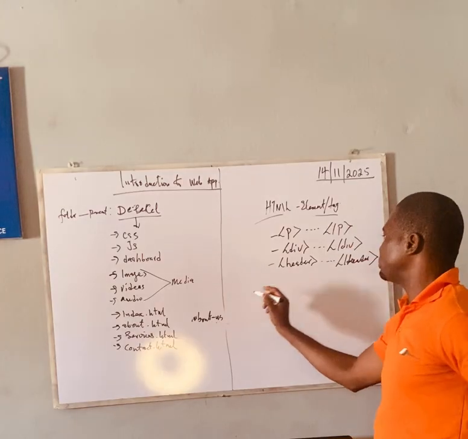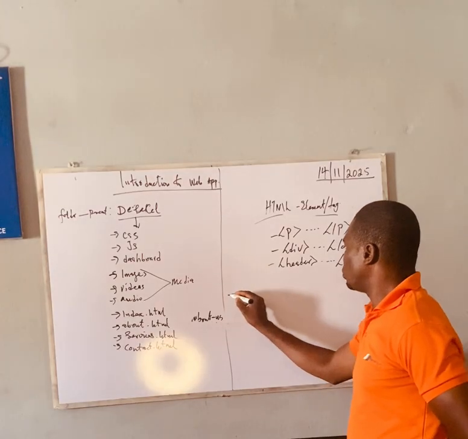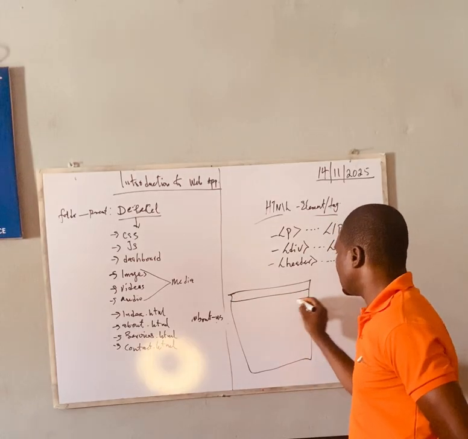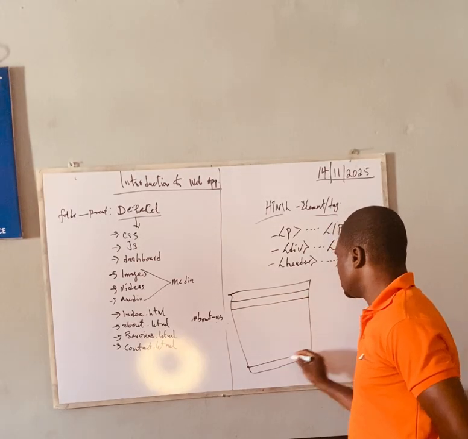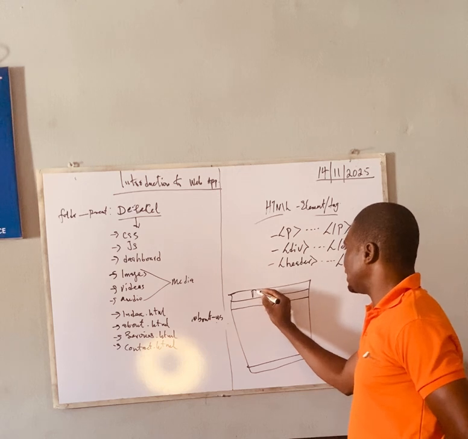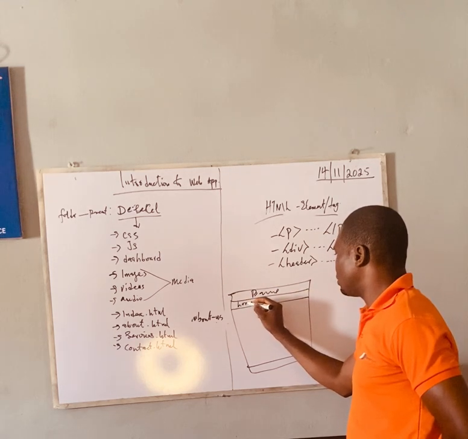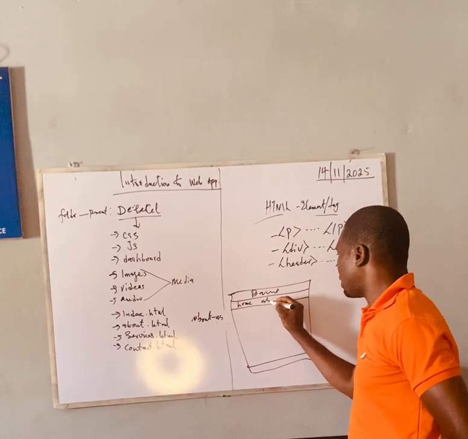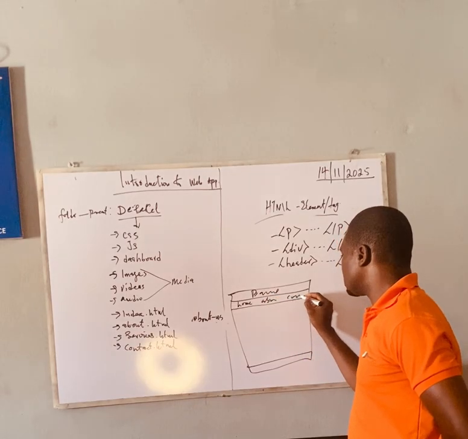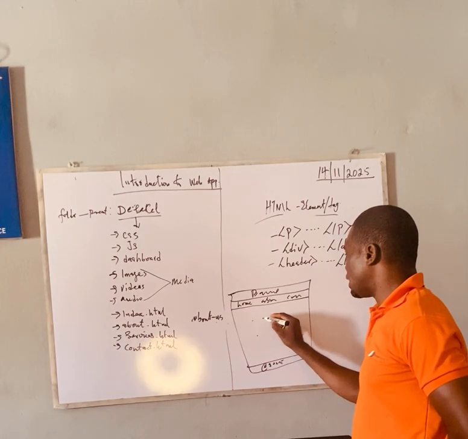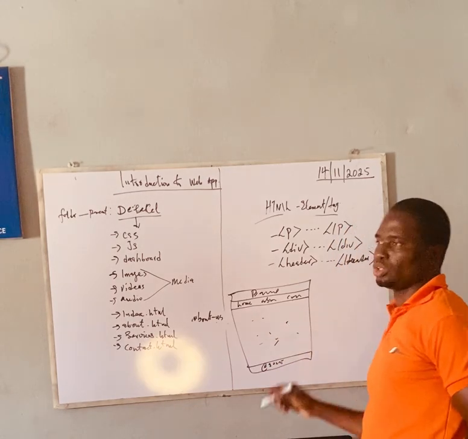We have our application like this. We have something like this. Pay attention. So here is our banner. Here is our nav button: home, about, contact. Here is our footer, copyright 2025. Here is where other information stays.